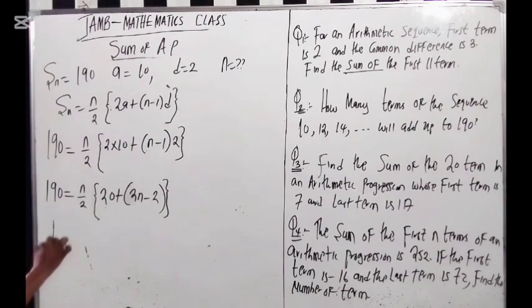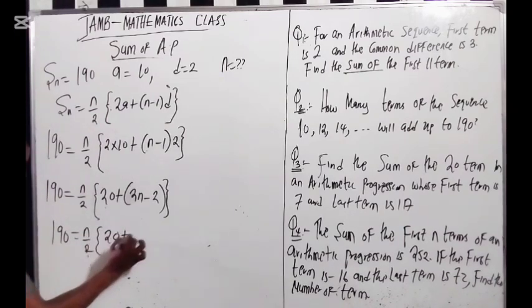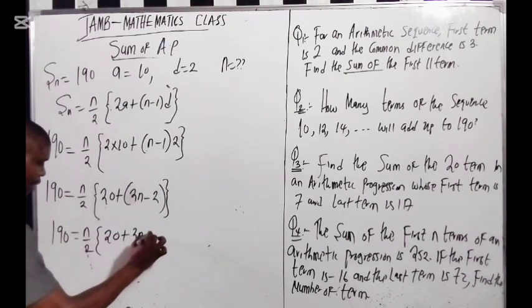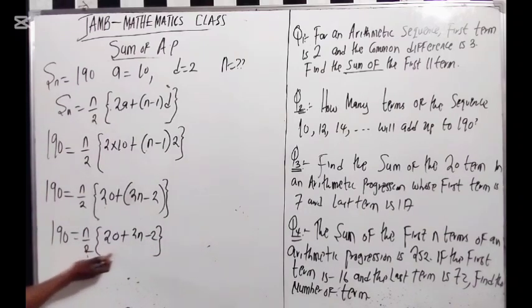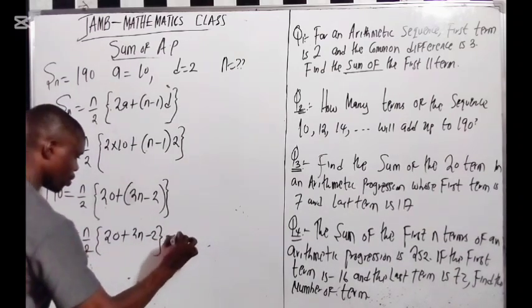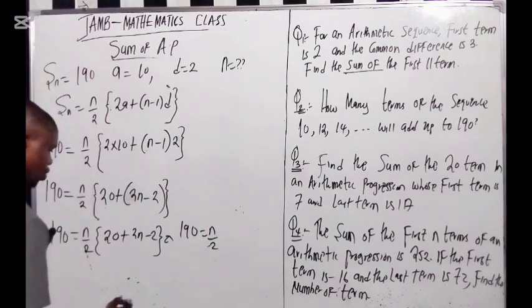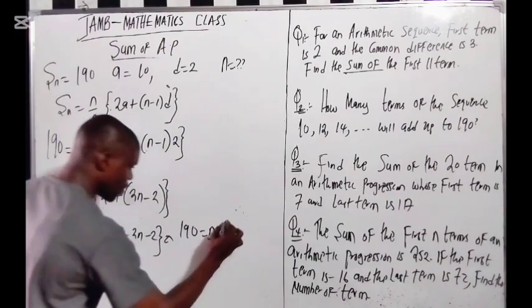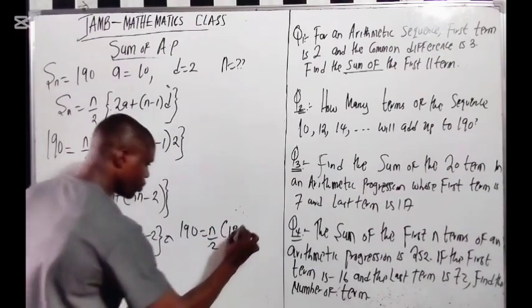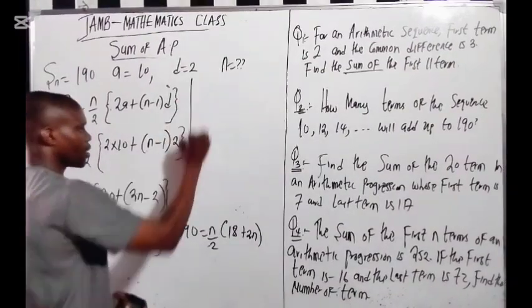Here we have 190 equals n over 2 times 20 plus 2n minus 2. Evaluating, 20 minus 2 is 18, so you have 18 plus 2n. Can you see that? Let's continue from here.